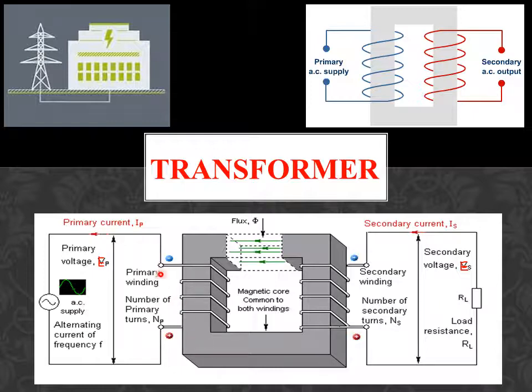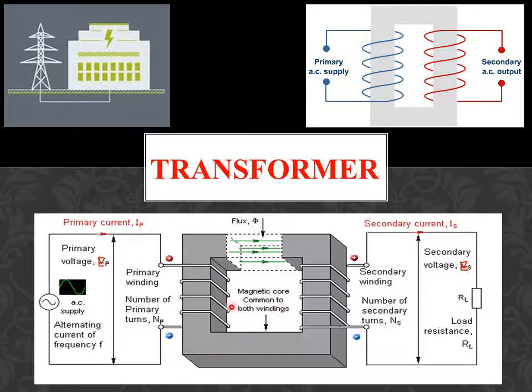This coil is connected with the source of alternating EMF. On the other arm of the core, secondary coil S of insulated copper wire is wound. The induced alternating EMF is obtained across the terminals of this coil.